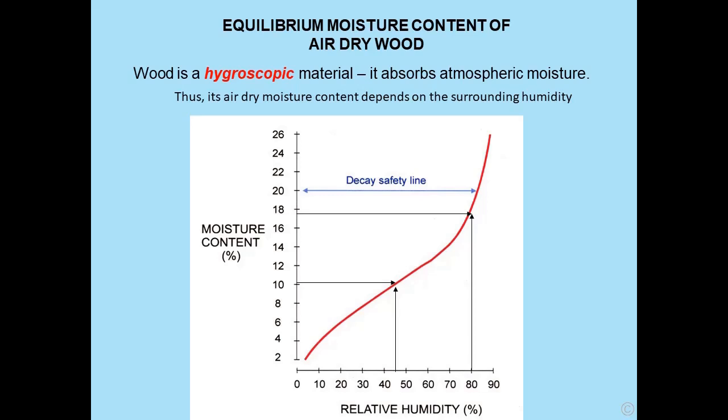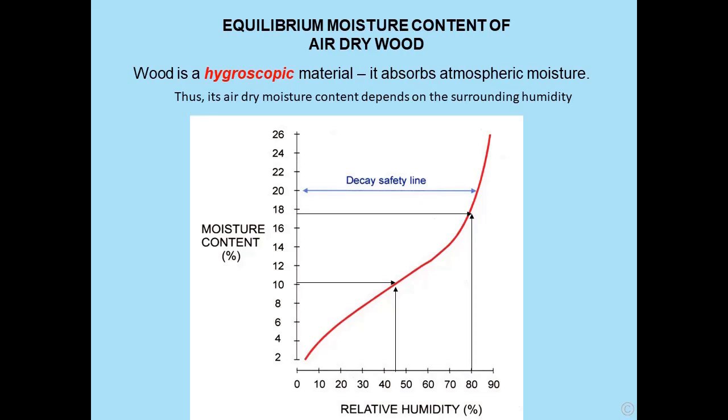In our example, wood kept at 80% RH has an air-dry moisture content of around 18, probably 19%, probably a bit more in some cases. However, if we drop the relative humidity down to around 45%, then our wood will come out with an air-dry moisture content of 10 to 11%.